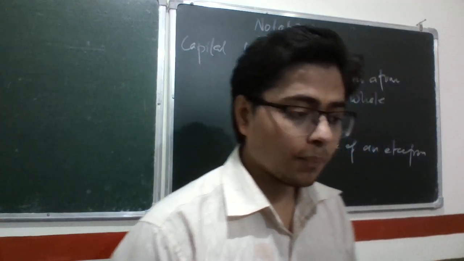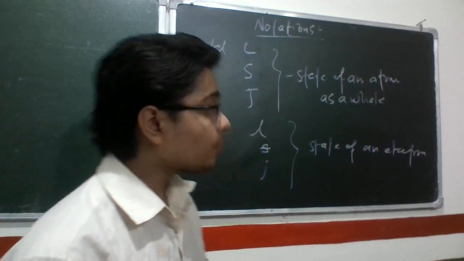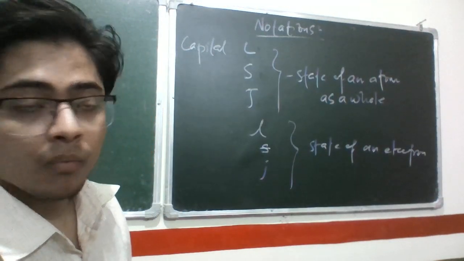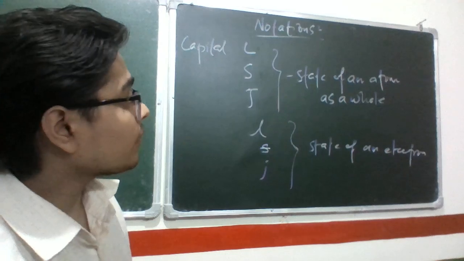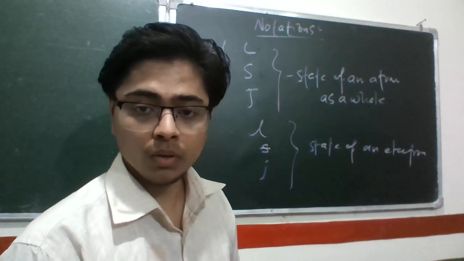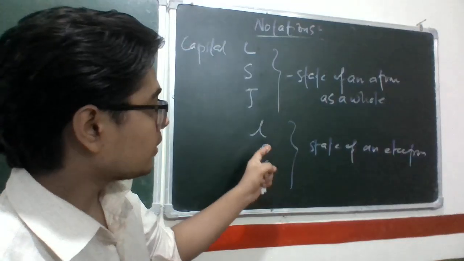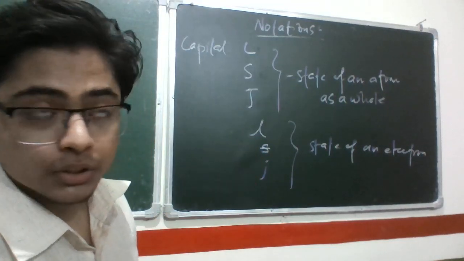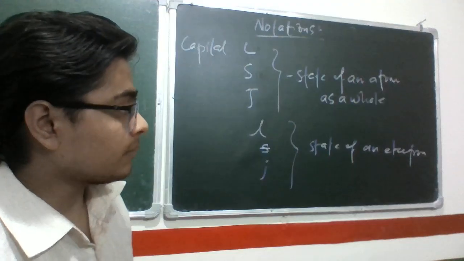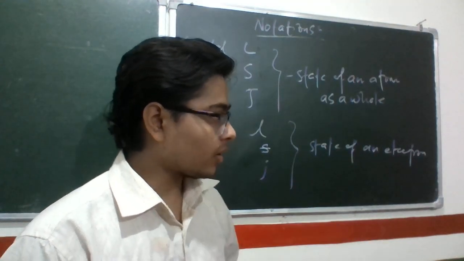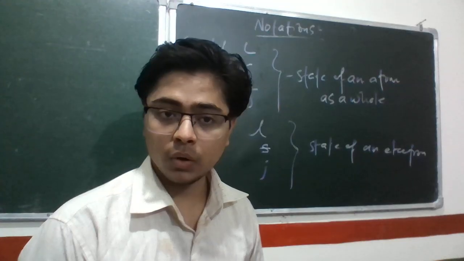Whenever you see capital L, capital S, capital J, you must think of them as defining the state of an atom as a whole. But if you see lowercase letters, you should always think of them as stating the state of an electron.